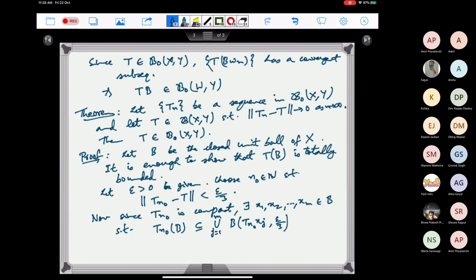So now we want to show that T of B is totally bounded.